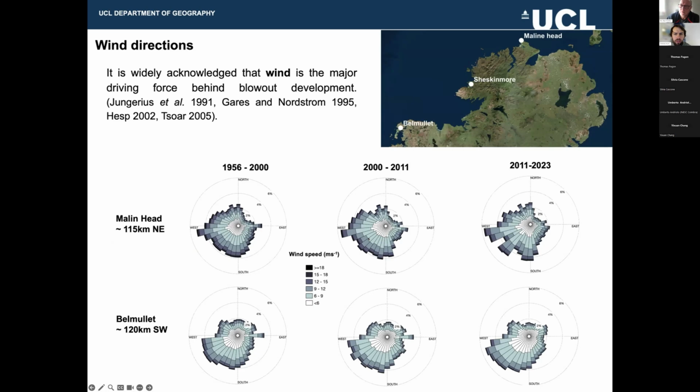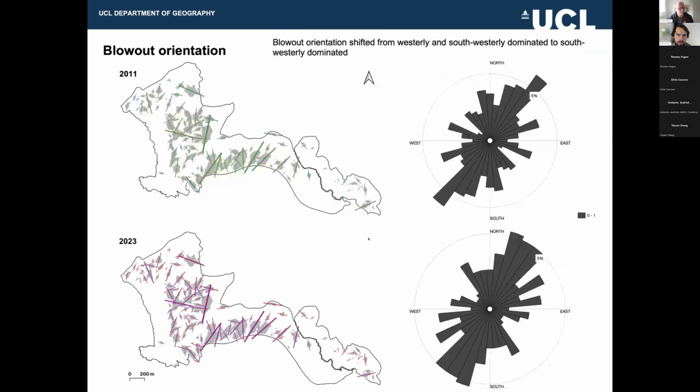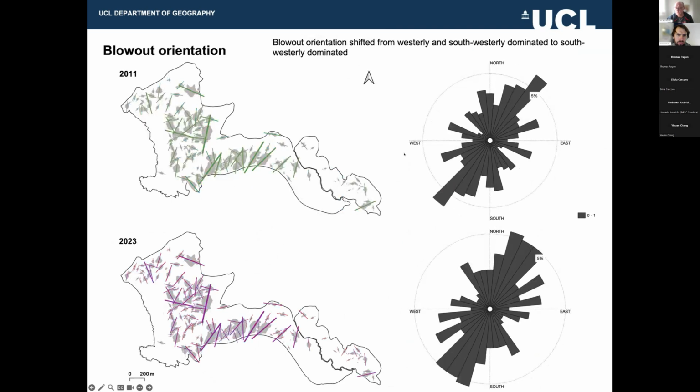southwesterly dominated. This change in wind direction also shows the same trend in the shift in blowout orientation, as it is largely impacted by wind orientation and speed. From the 1950s to 2023, there's a shift from both westerly and southerly dominated blowouts to southwesterly dominated.